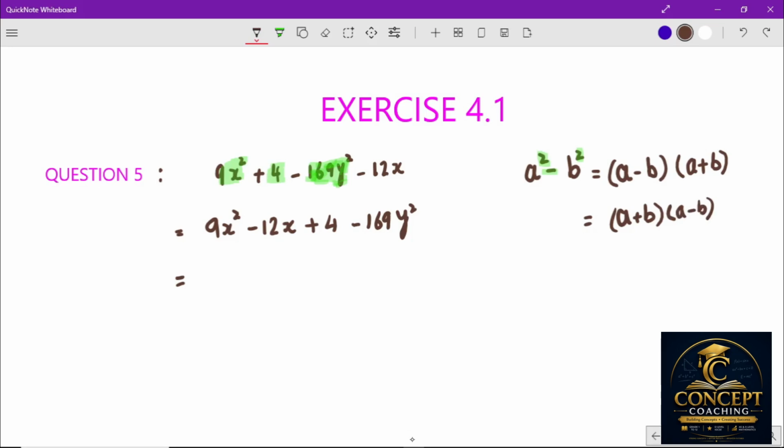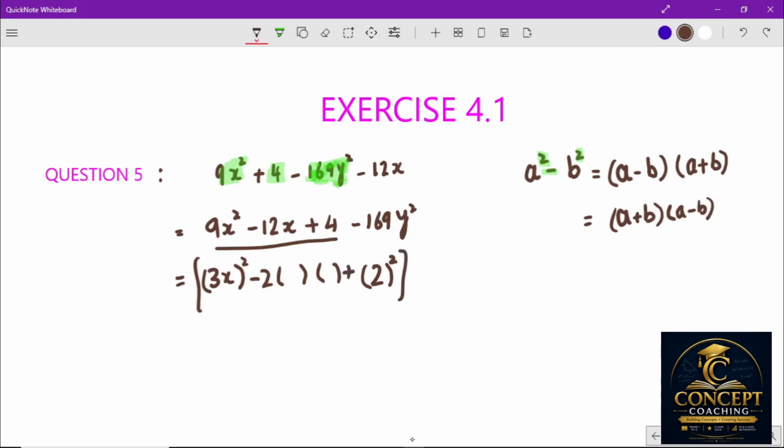Now first of all we see the first value. We will reshape this value. This is 9x square. We will write 3x whole square, and then we have 4, which is the square of 2, so we write 2 square. Then we have the negative sign minus 2, we write the first bracket and then the second bracket, and we write plus here.